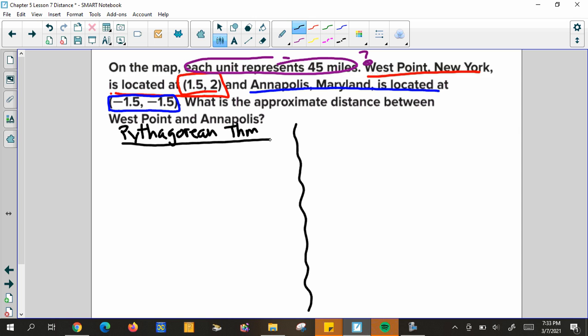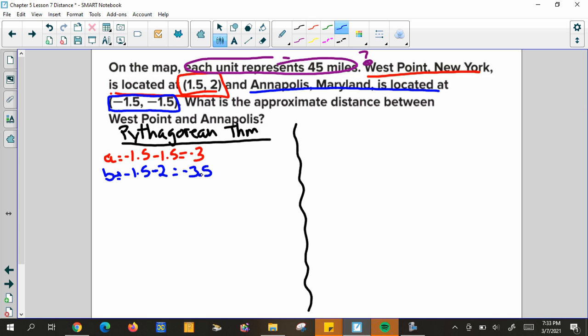For the Pythagorean theorem, I need to know a couple things. First, A, my horizontal distance. Well, that tells me it's a total of -3. And for B, here I have 3.5.